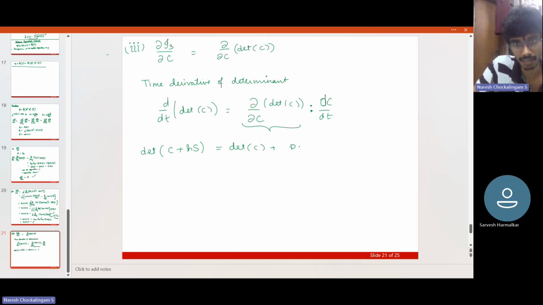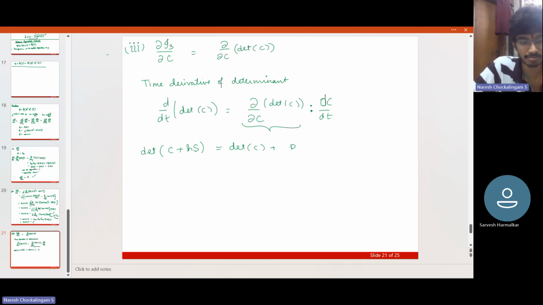Let me denote it by D. Suppose h is a small parameter, take h as a small parameter.